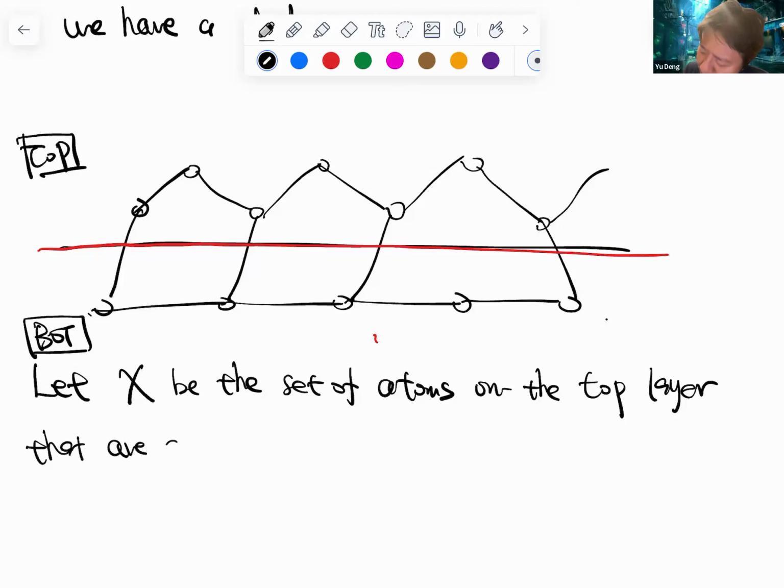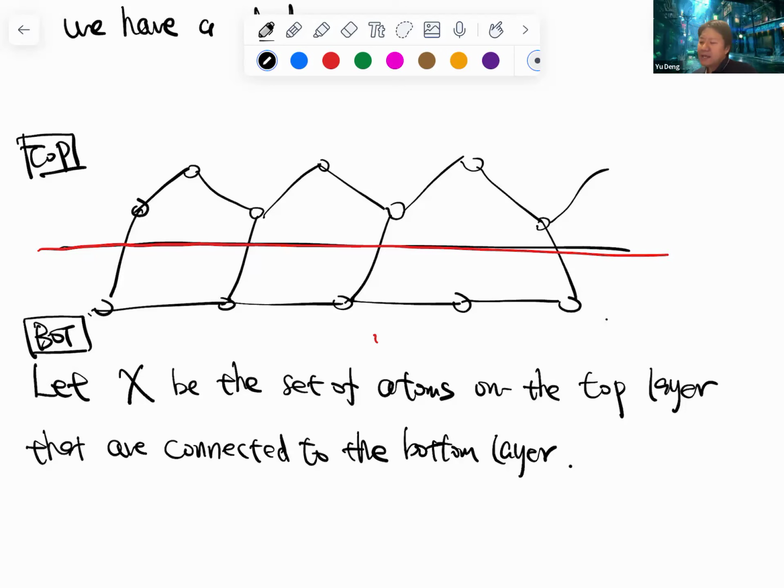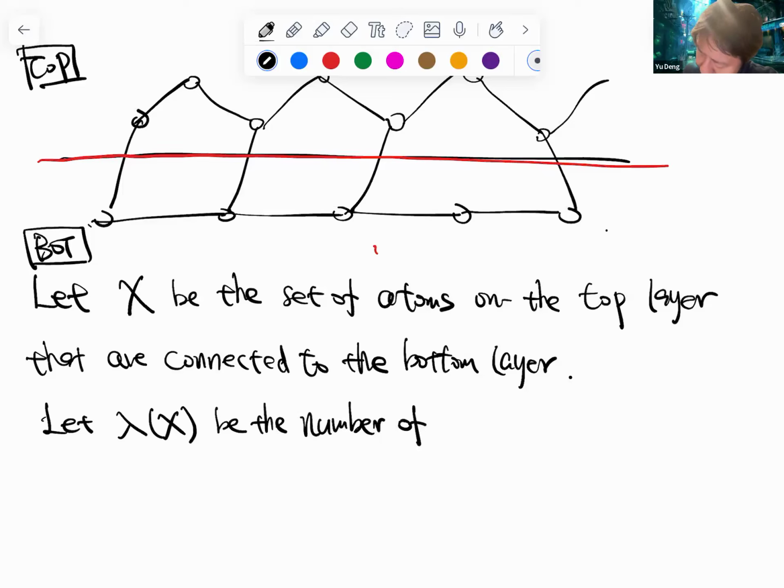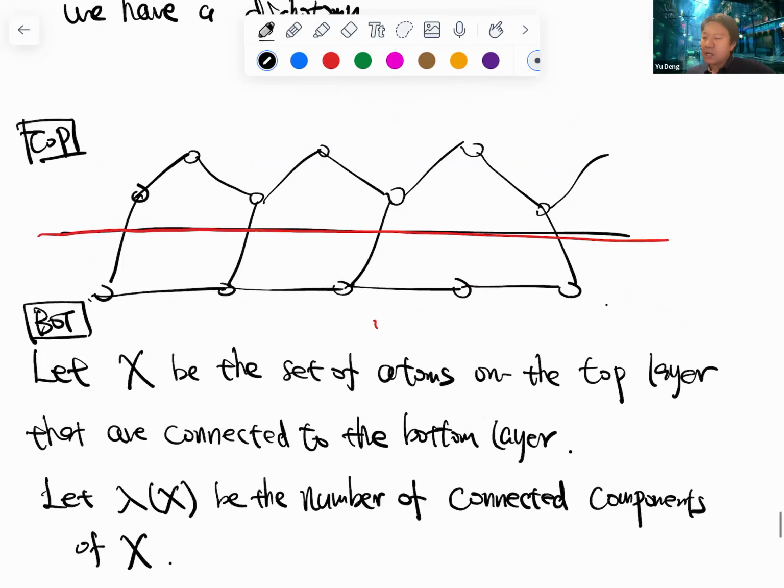Let X be the atoms on the top layer that are connected to the bottom layer. It turns out the dichotomy has to do with the number of connected components of X. Let lambda of X denote that number.